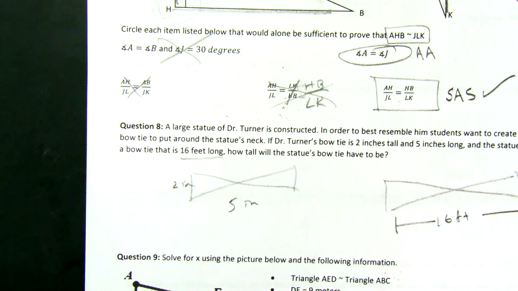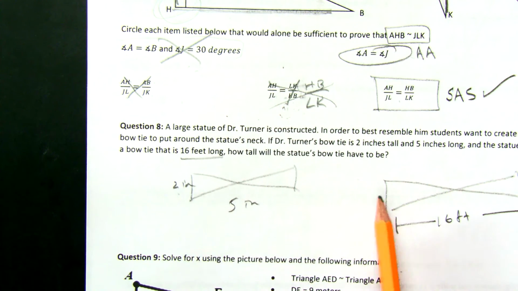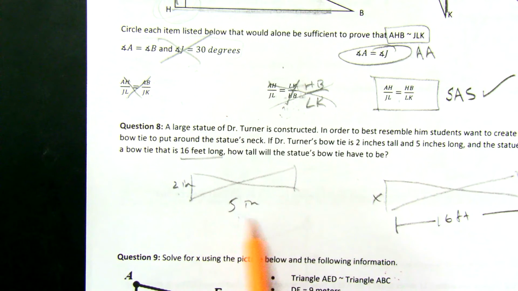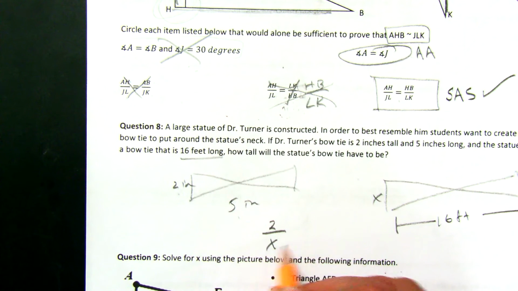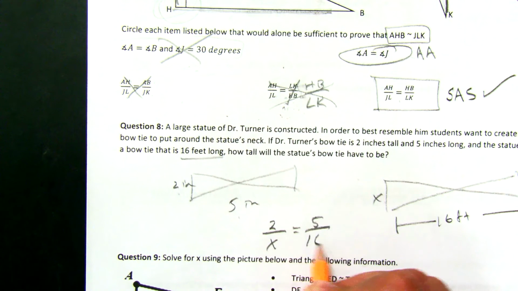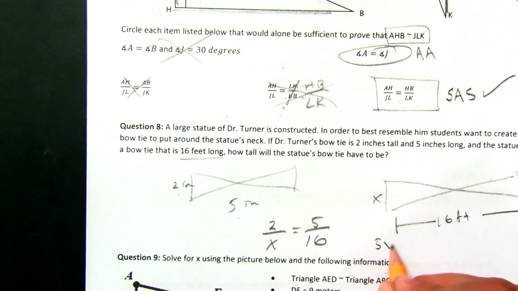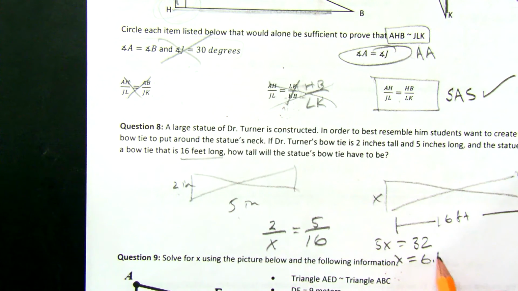Okay, it asks us how high will it be. 2 to x should equal 5 to 16. 2 over x equals 5 over 16. So then I've got 5x equals 2 times 16 is 32, so x equals 32 divided by 5, which is, I believe, 6.4 feet.